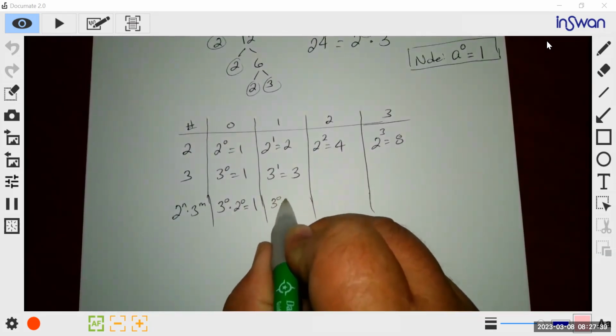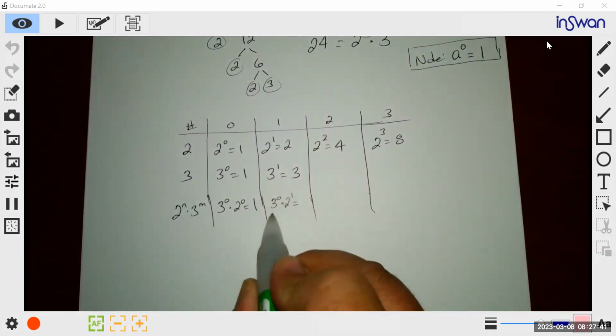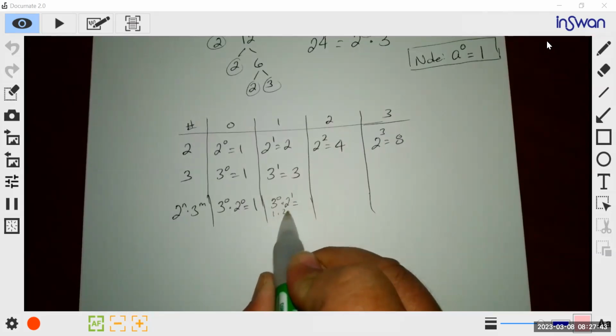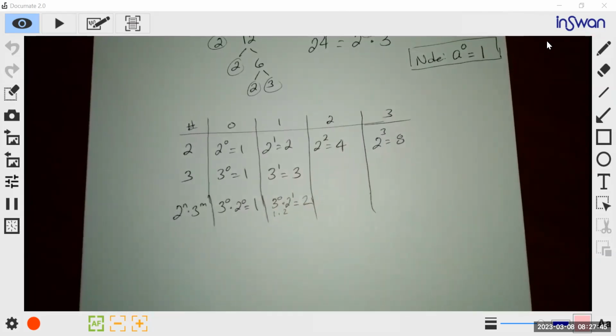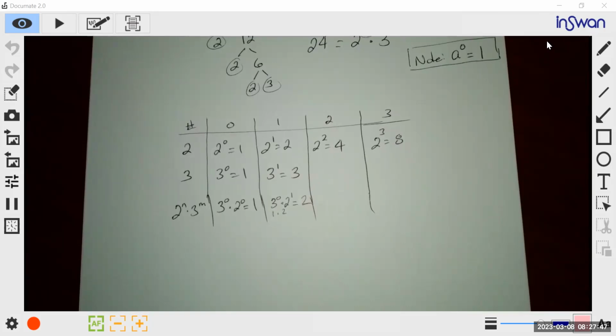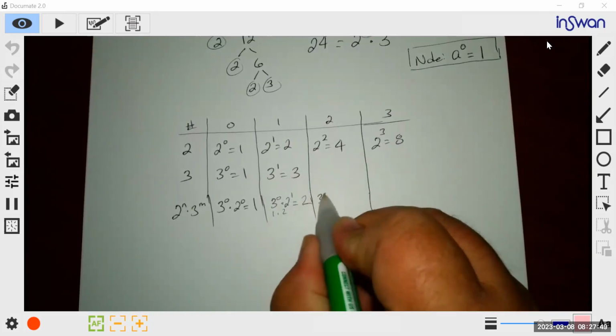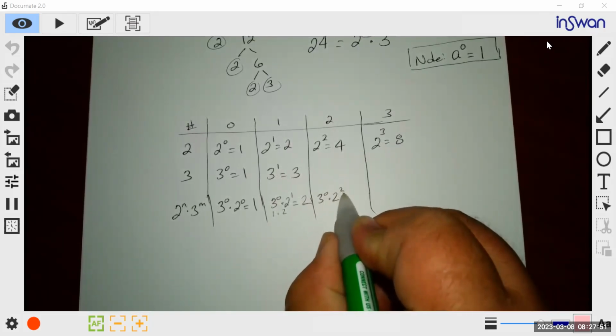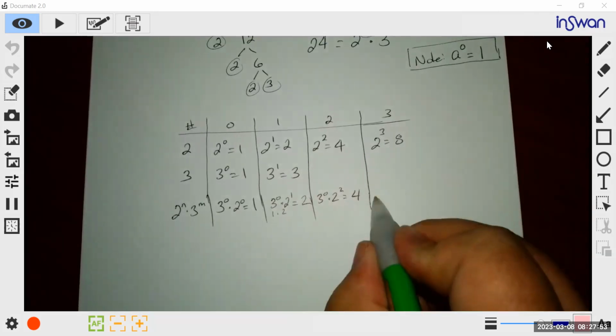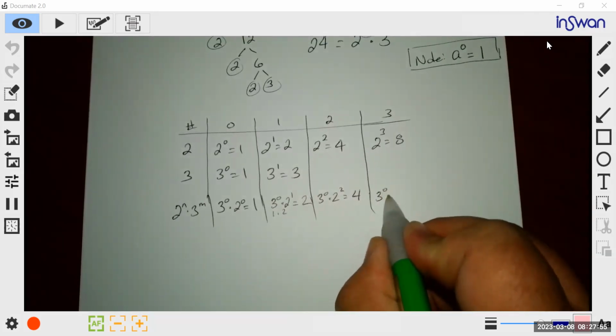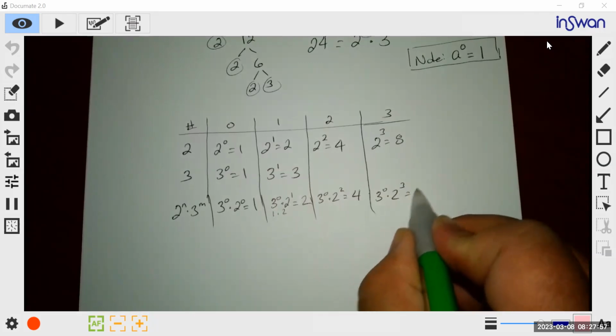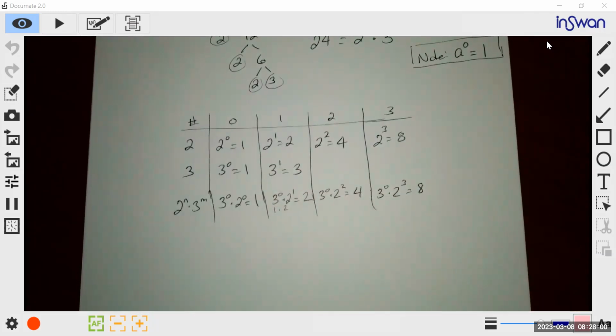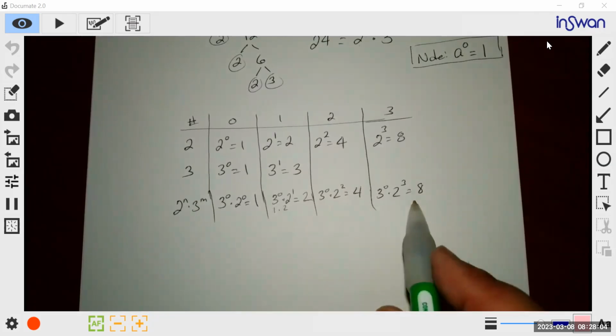If 3 is 0 and 2 is 1, this is 1 times 2 is 2. If 3 is 0 times 2 to the second, that's 4. If 3 is 0 and 2 is 3, it's 8. So that's all of them with 3 to the 0 power.